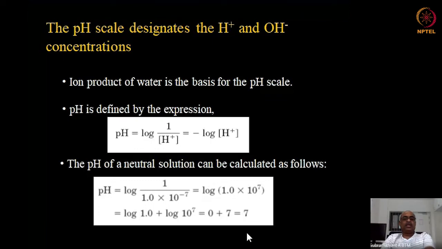So a solution having pH 7 and another solution having pH 8 differ in their hydrogen ion concentration by a factor of 10-fold, okay, by an order of magnitude. So this is the basis for pH, and pH is an easy way of referring to hydrogen ion concentration. That's the only reason we use pH.